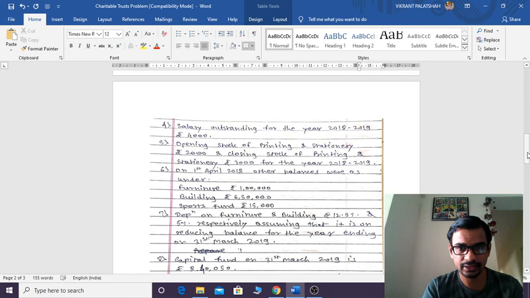Furniture at the rate of 12.5% and building at the rate of 5%. Now we have to calculate the depreciation on the furniture. For that we have to use their opening balances. The opening balance of the furniture is 1 lakh.